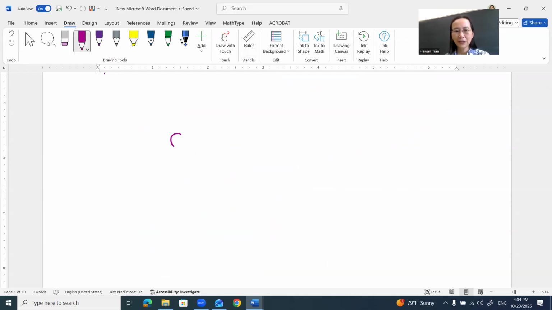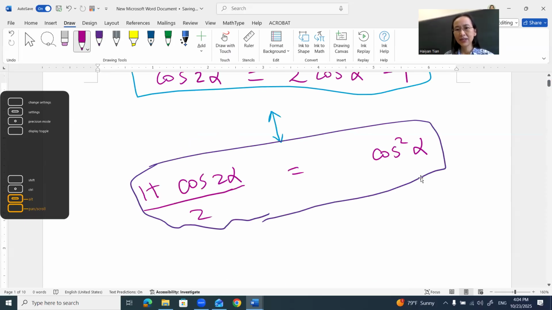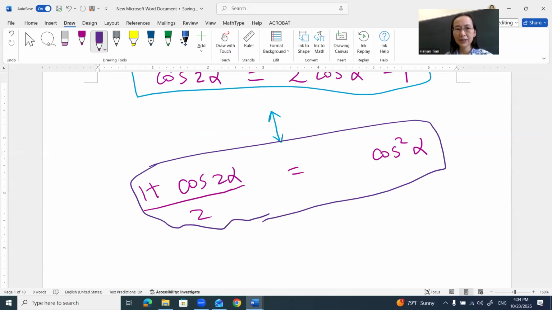So if I have cosine square 15, using that formula, because it is an identity, alpha is 15, then 1 plus cosine twice of 15. So we can just put 15 here.